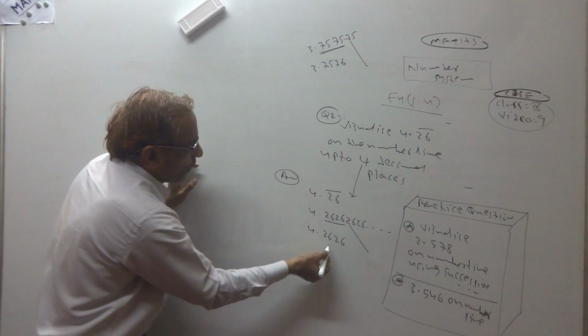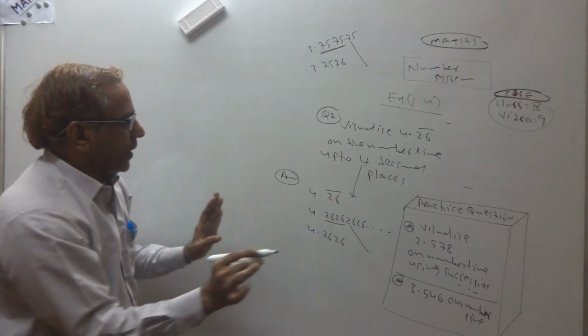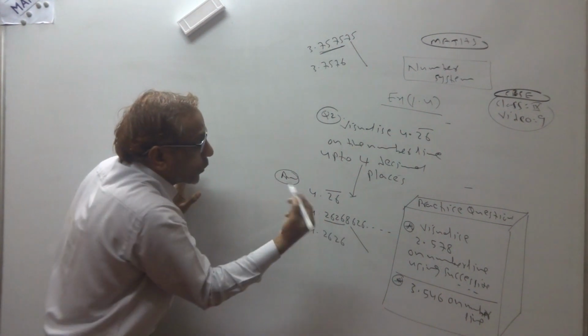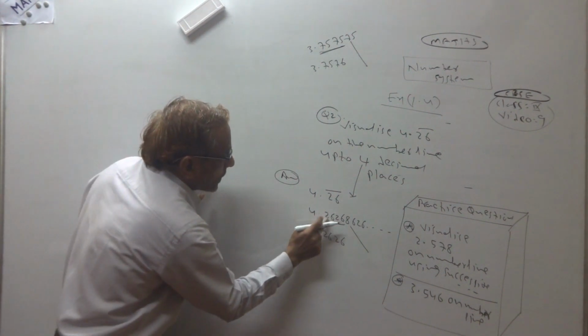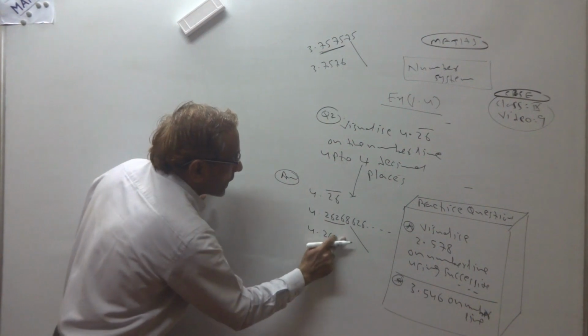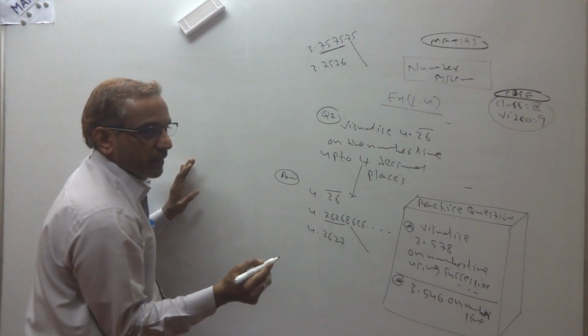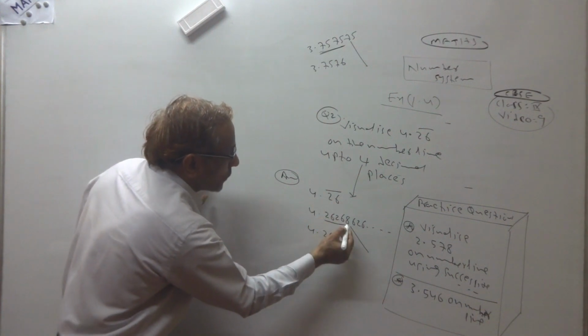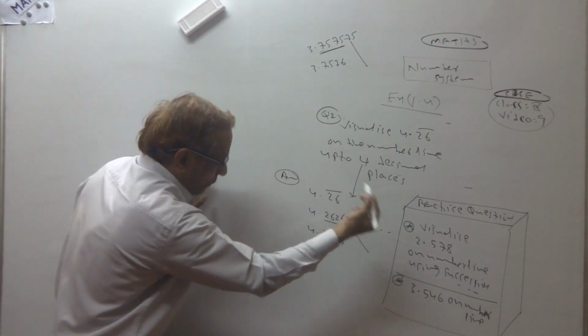No. So you take 4.2626. Suppose if here 8 is there, then what you should write, you know? 26, 27. Understand? You can't write 26, 26 if this number is 5 or more than 5.